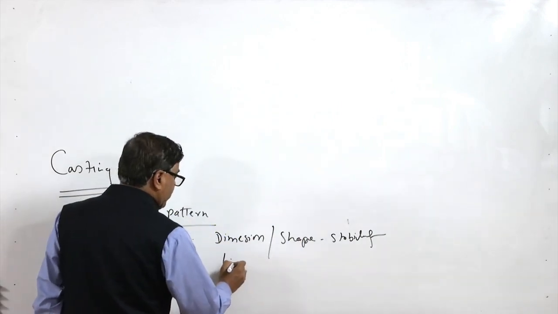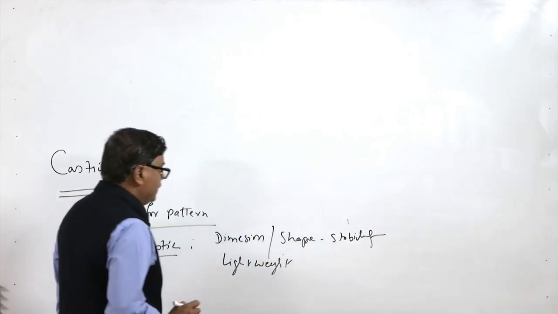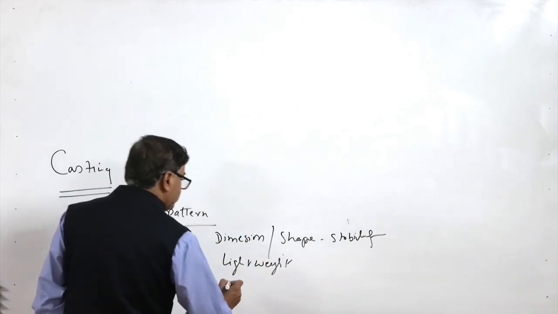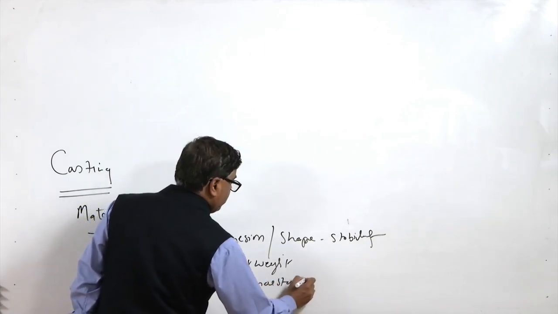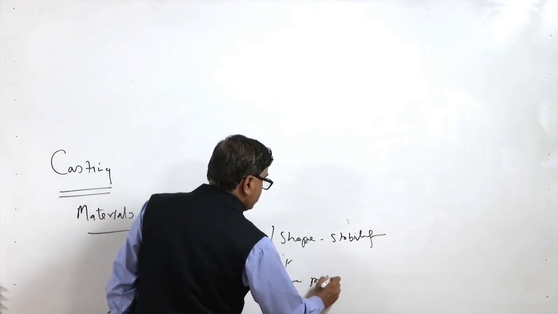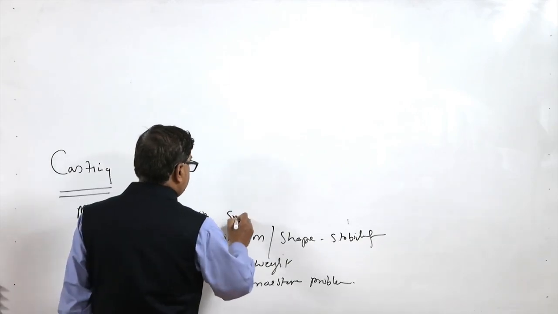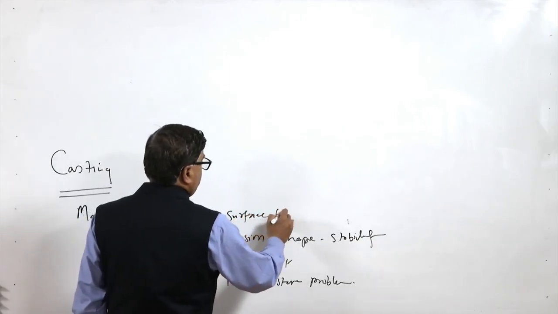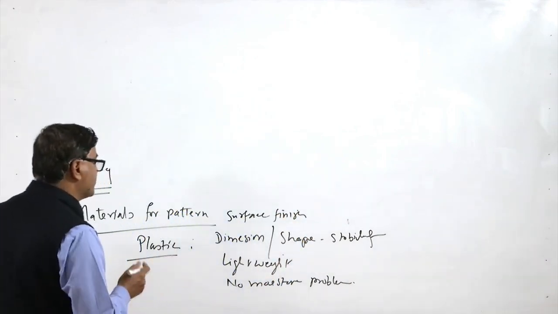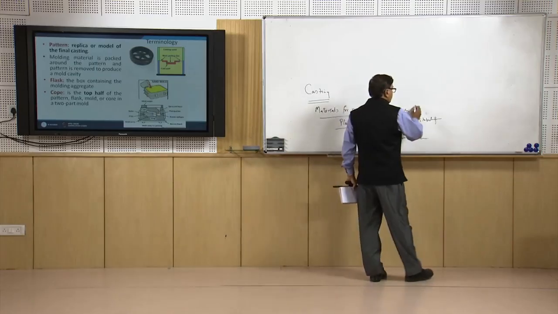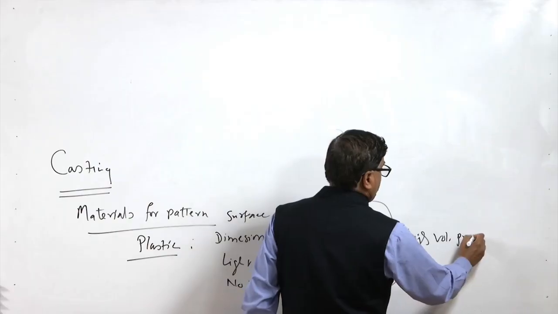These are also low weight, so light in weight, which was the negative point of the metallic pattern, as well as no moisture absorption problem, dimensional stability is good, surface finish is good. The surface finish of the mold surfaces produced by the plastic patterns is also good. So, these are used for the high volume production.